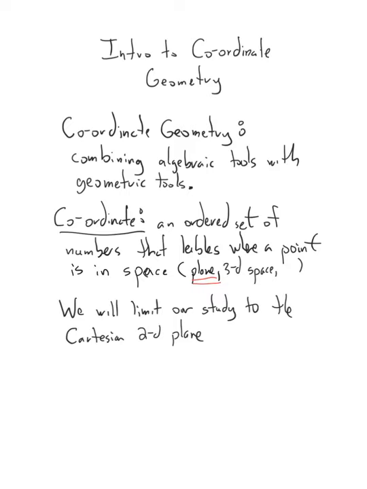So, what I mean by that is that, well, if we think about what's going on here, we need an ordered set of numbers that labels where a point is in space. Now, I want to put a little asterisk here. Well, the label where something is in space, if you think about it, the best you can do is to say where it is compared to something else.